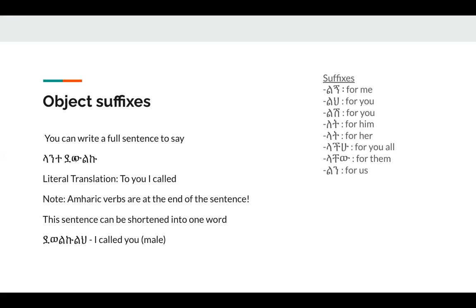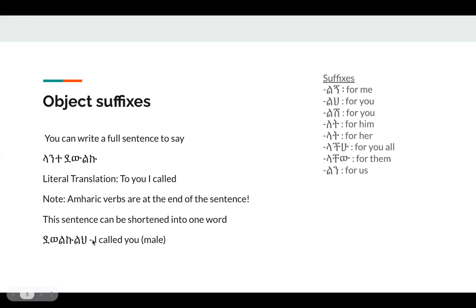You'll see in the first page you saw the wa. Anyways, this is a full sentence, but you can say the same thing in one word. So you could say dawul kuleh, which is the exact same meaning as here, lanta dawul ku, but condensed into one word. You can see there's two parts to this word here. There's the dawul ku part, and then there's the leh part.